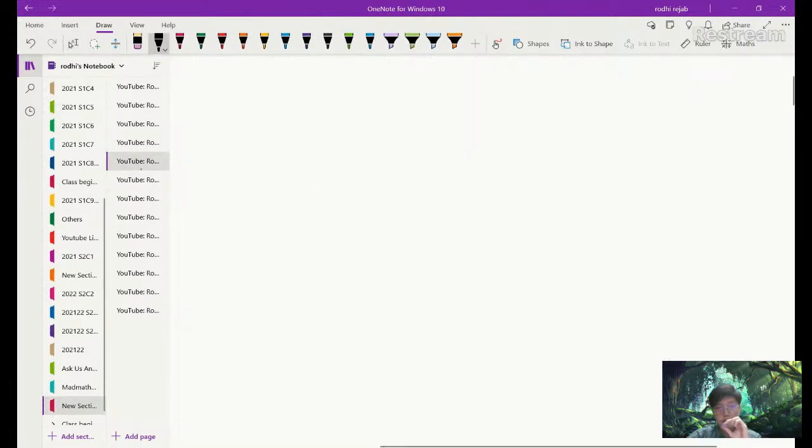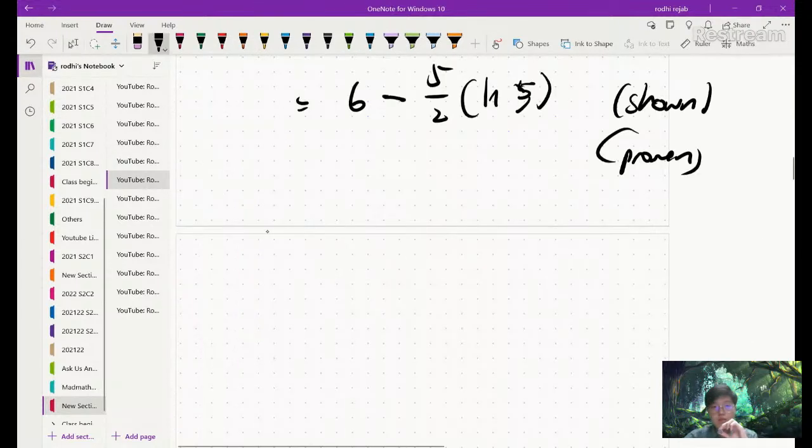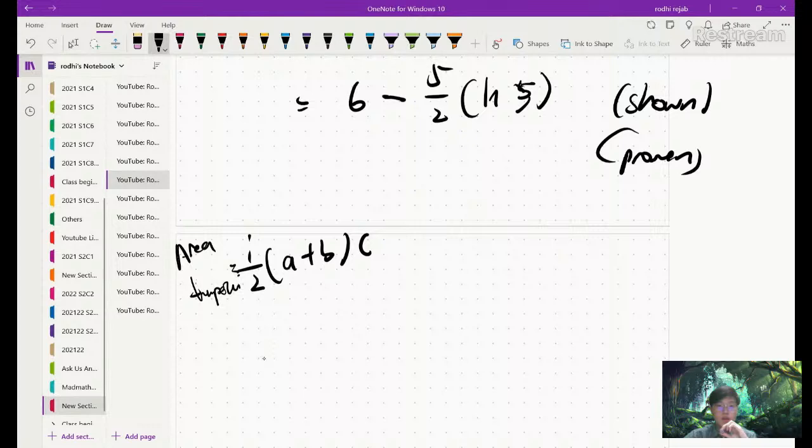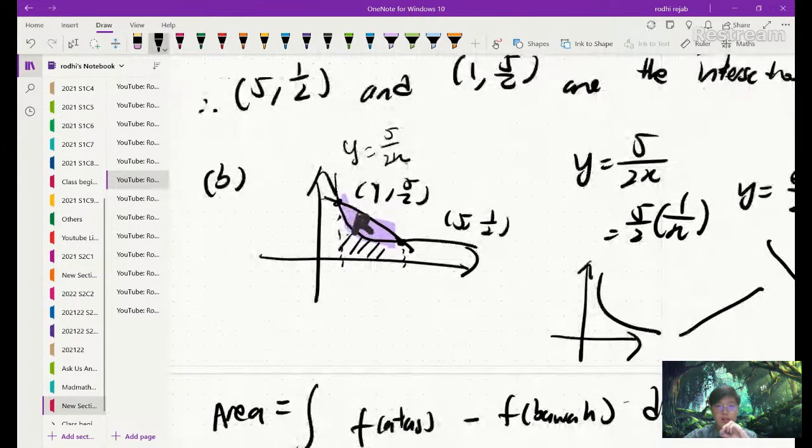To find the area of a trapezium, the equation is this. Area of trapezium. A and B are the lengths of this side and this side, which are 1/2 and 5/2.